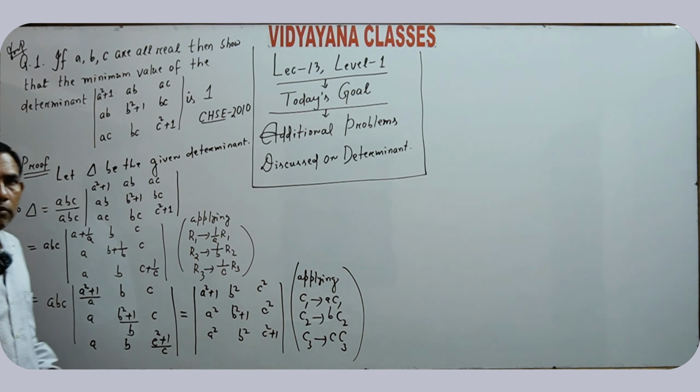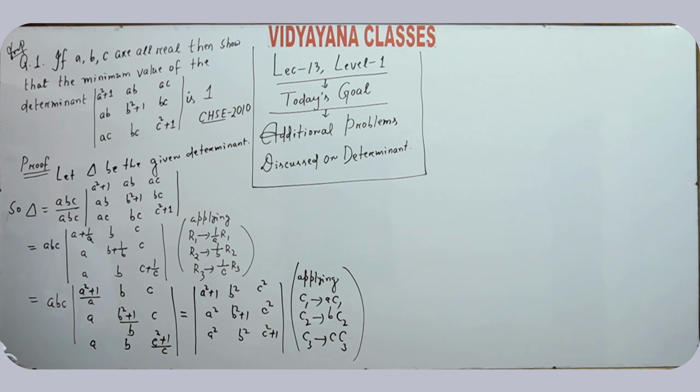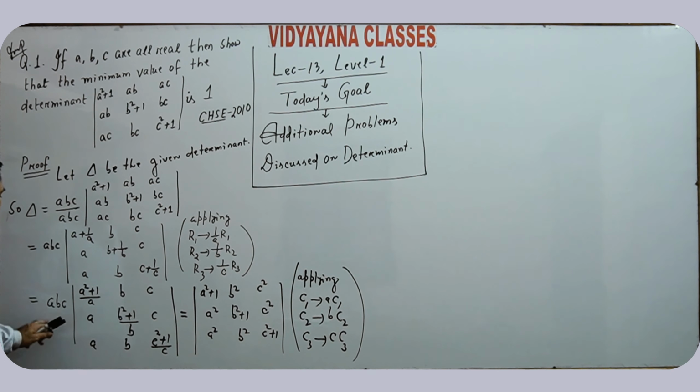Whenever a scalar is multiplied with a determinant, it is multiplied in any one of the rows or columns. a is multiplied along column 1, b along column 2, c along column 3.